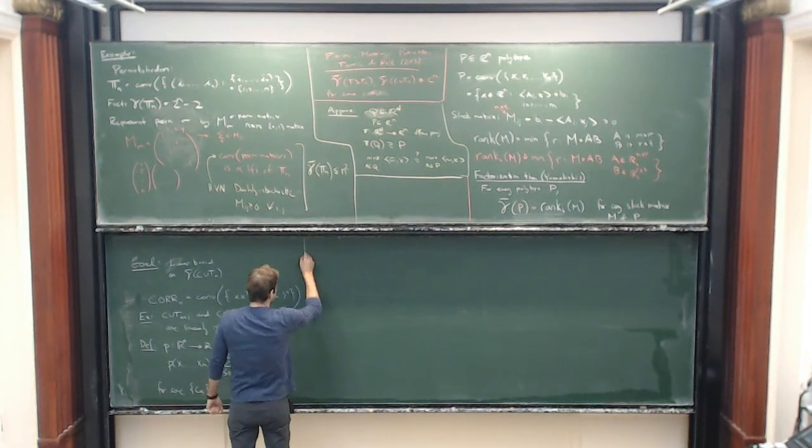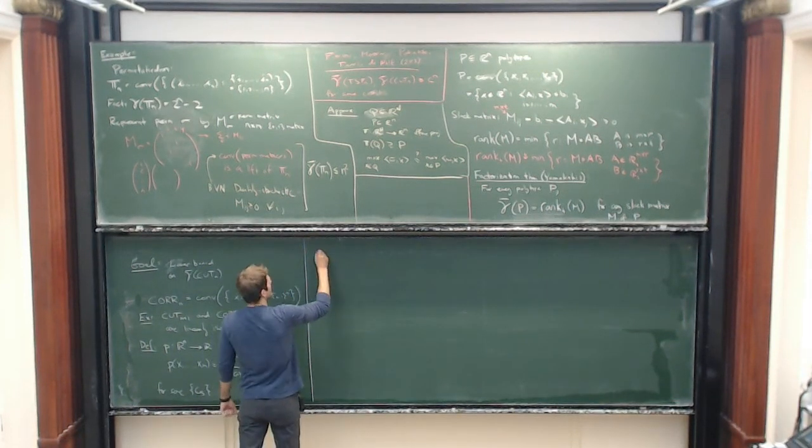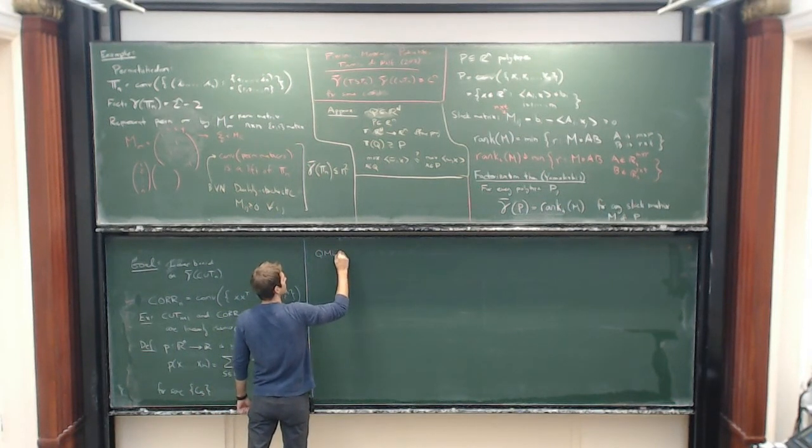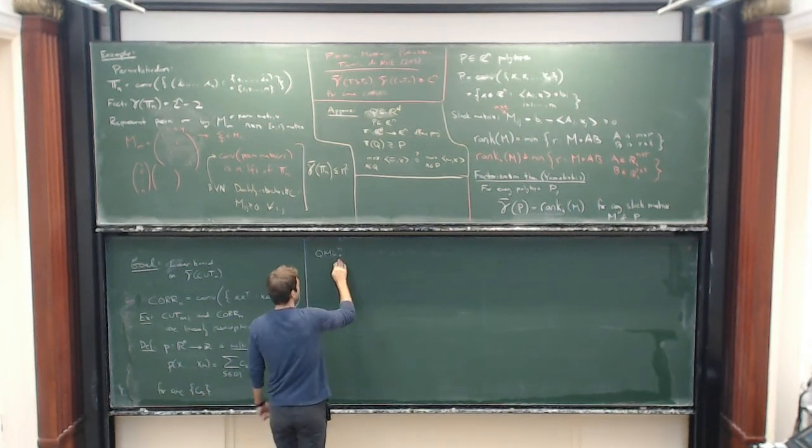And now let's define the following class of polynomials: quadratic, multilinear, and non-negative.